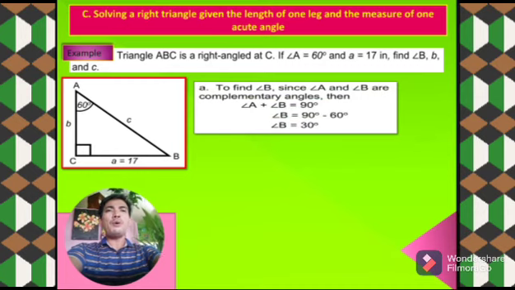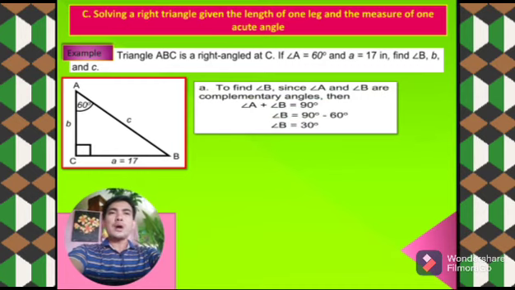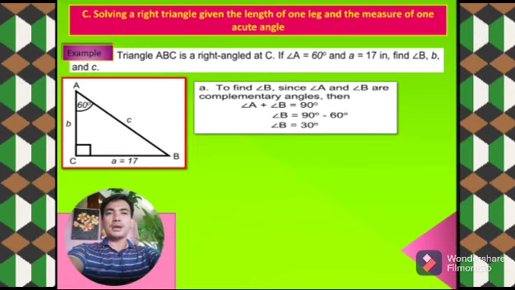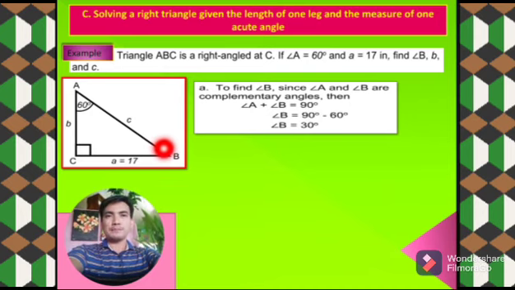So solving for the measure of angle B, you would have to apply complementary angles. Are they right? So you would have angle A plus angle B is equal to 90 degrees. You would have, therefore, 90 minus 60. In that case, this angle here is equal to 30 degrees.